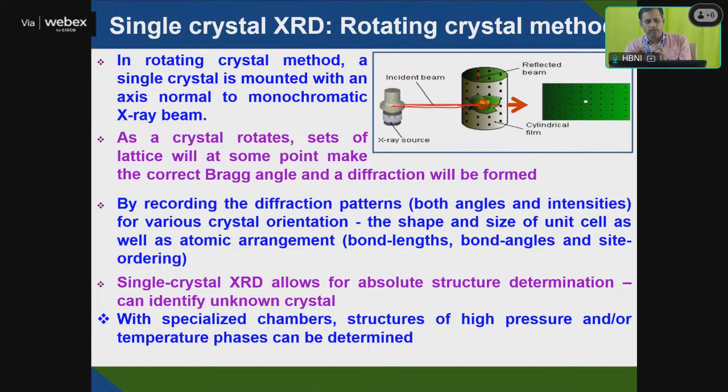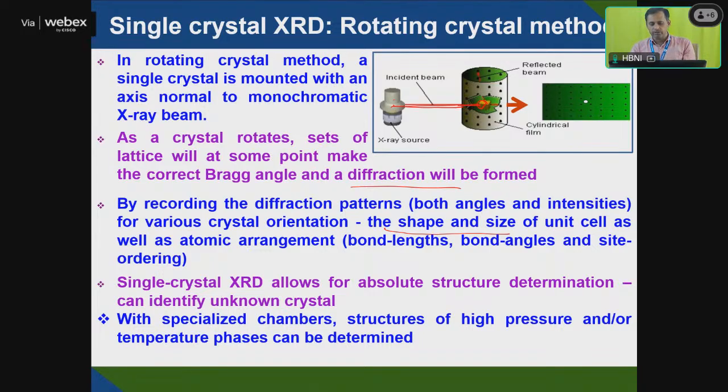A particular set of planes will at a certain point satisfy Bragg's law, and you will see the diffraction pattern. By recording the diffraction pattern, both angle and intensity, which is similar to powder XRD of various crystal orientations, you can get information about the shape and size of the unit cell, as well as the atomic arrangement, that is bond length, bond angle, site ordering.